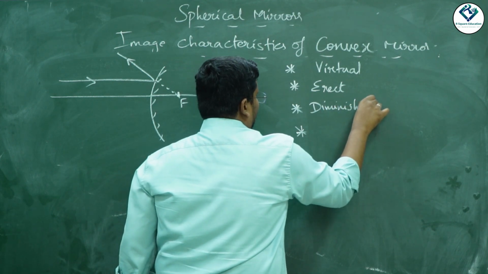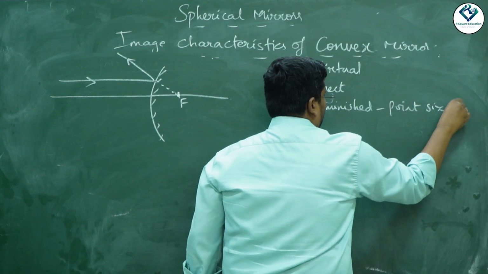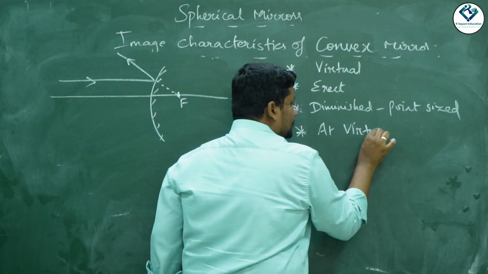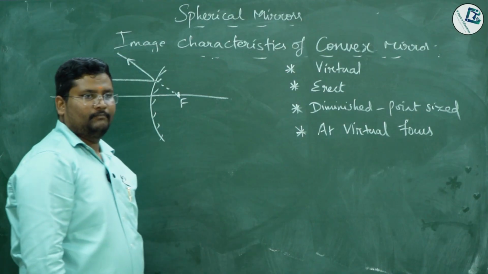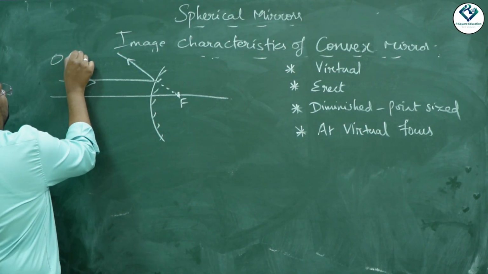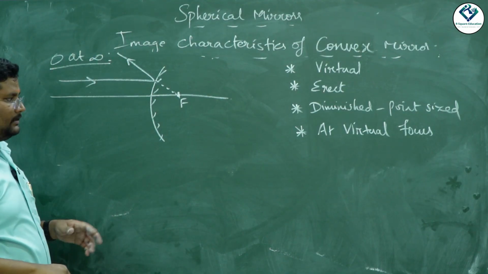In this case, it is going to be what? Point sized at virtual focus. Yes, so this is when the object is at infinity.